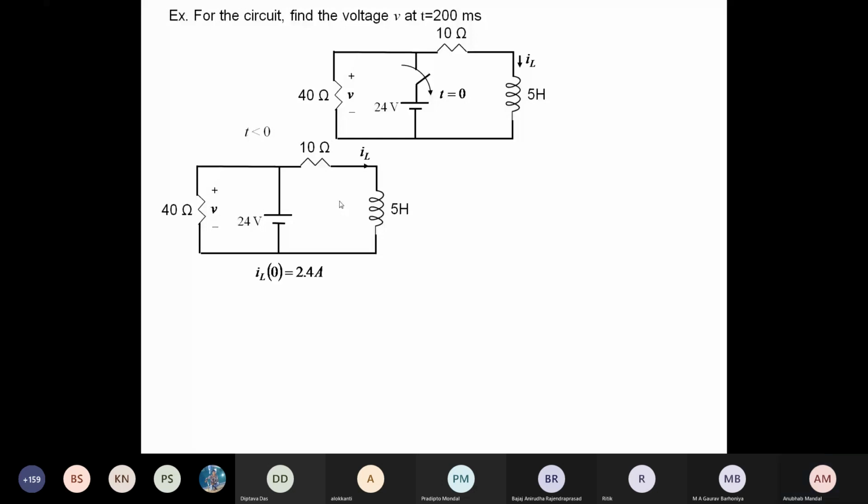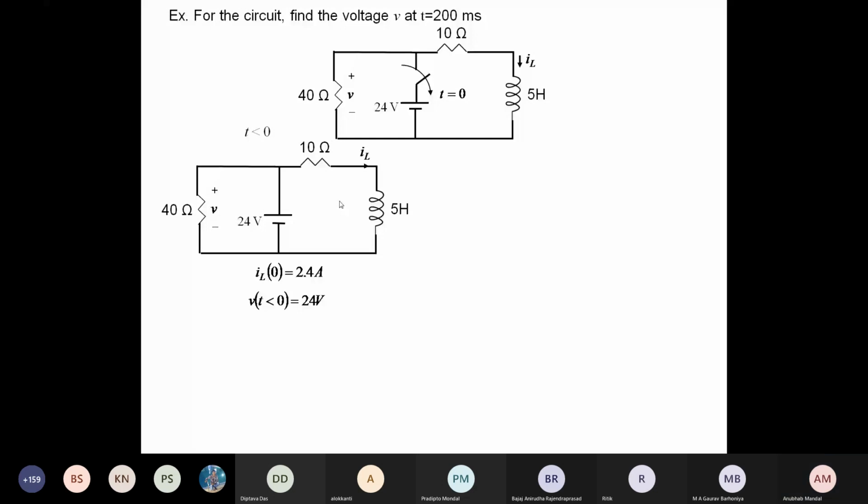So that is basically IL0, 2.4. Because for t less than 0 the current keeps flowing, and suddenly you change the switch position, so that will be the current through the inductor at time t equal to 0.